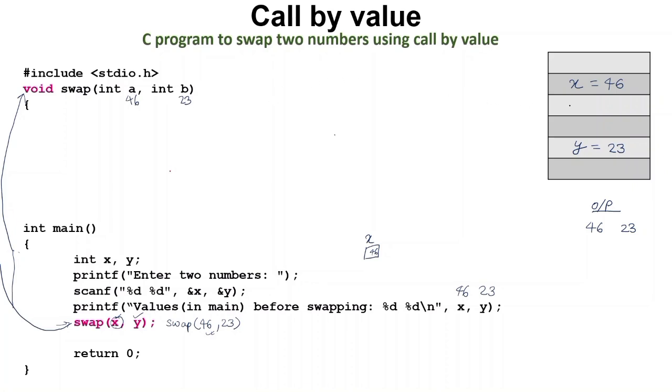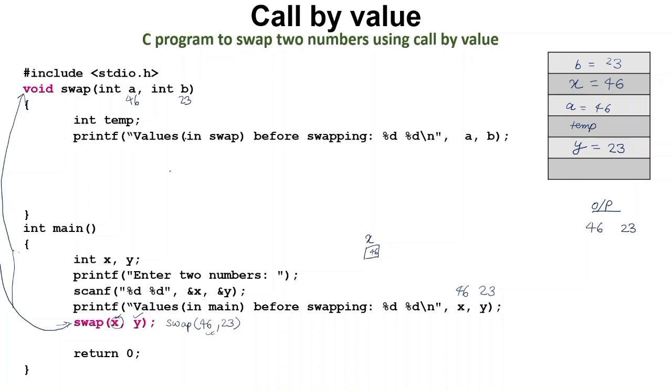Suppose somewhere in the memory you have A receiving 46 and B receiving the value 23. Now how are we going to swap? First, in the swap function we take a temporary variable temp, of integer type.